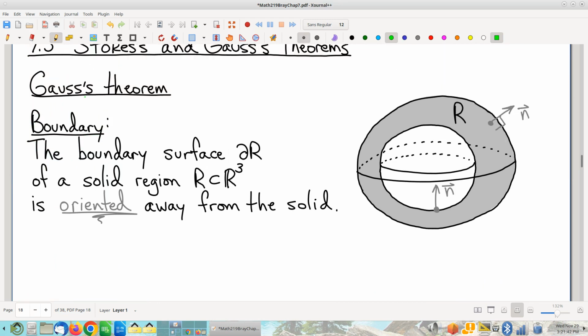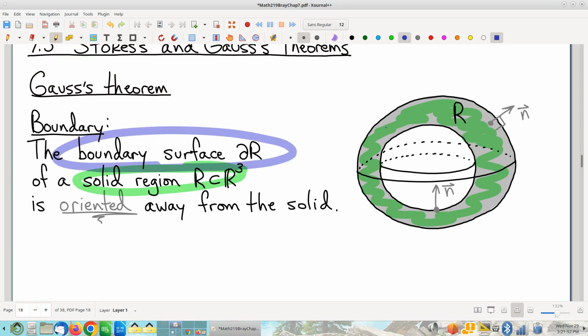I talked about the convention for how to talk about the boundary of a solid three-dimensional region. So here's a three-dimensional region. If you talk about its boundary surface, which of course has two chunks, the boundary now comes with an orientation.